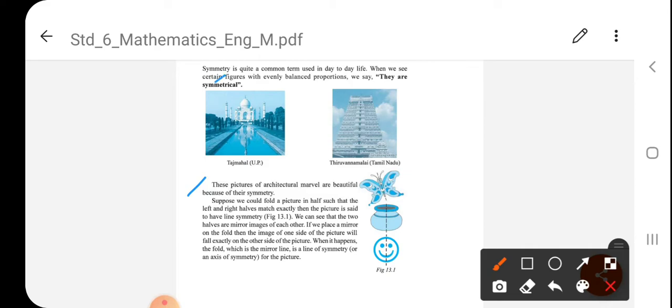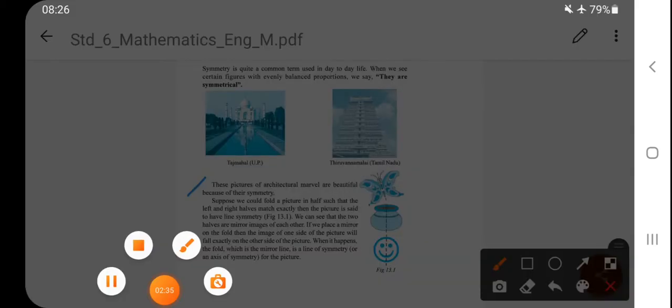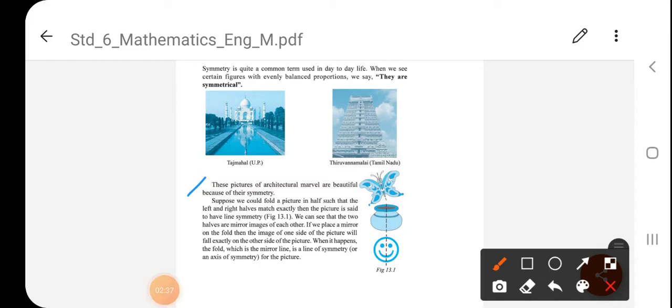From all the angles you can see this Taj Mahal is symmetrical. If you make a vertical line here, then it divides this Taj Mahal into two equal parts. From all the sides, this Taj Mahal seems symmetrical.